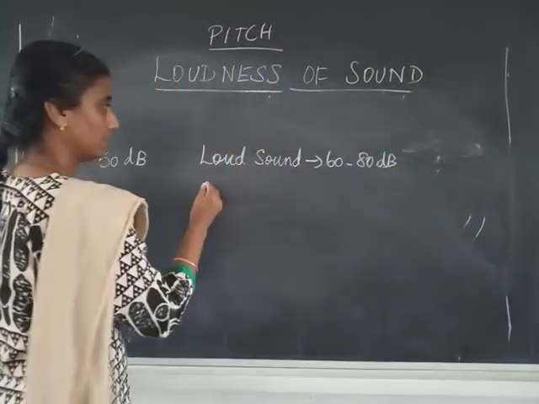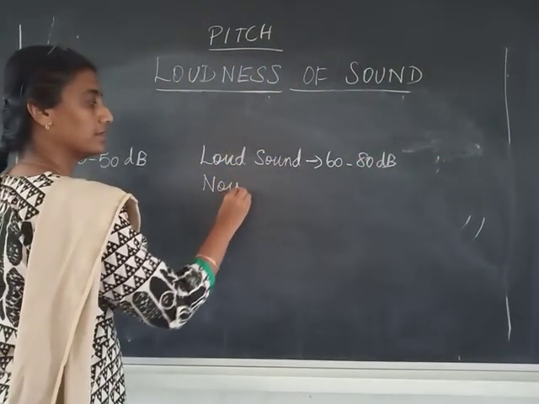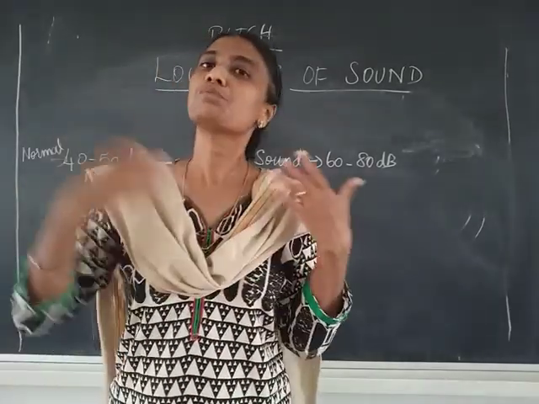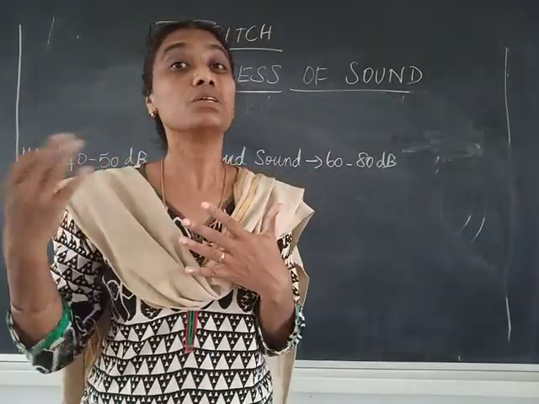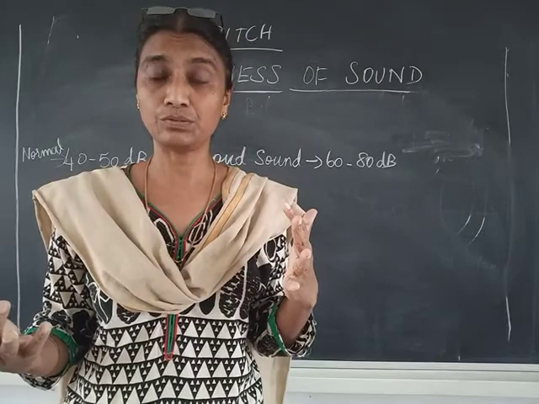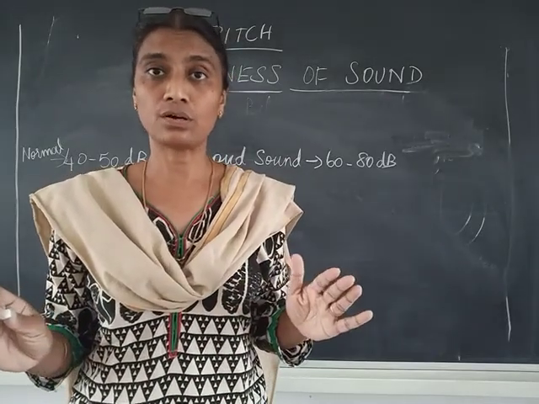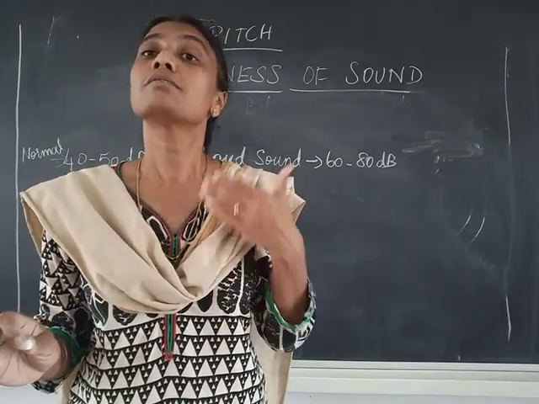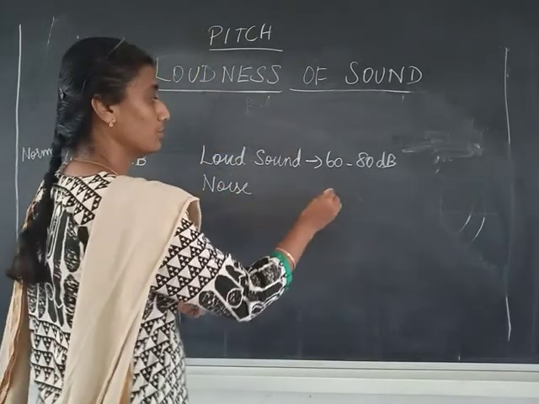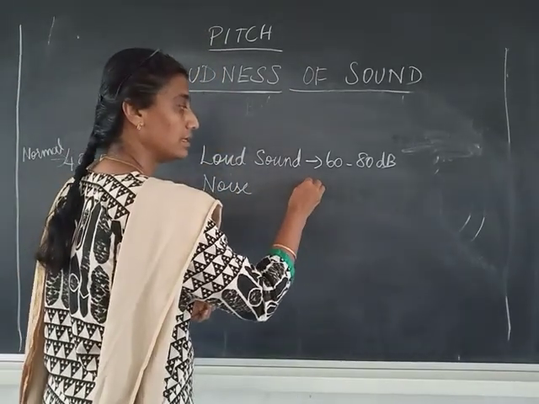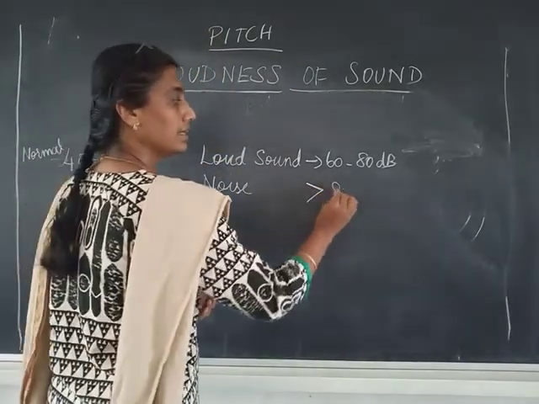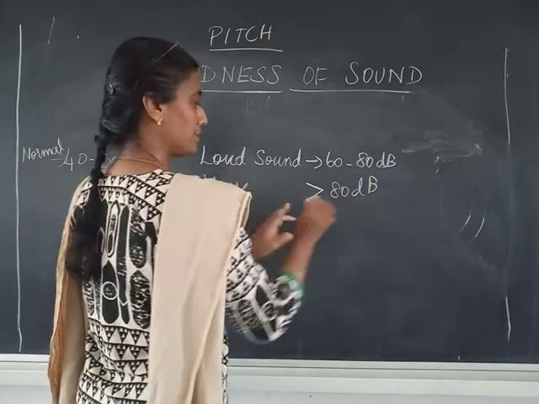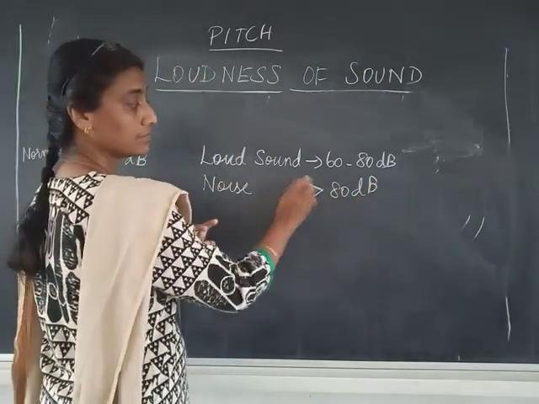And then noise: when the loudness becomes too much, it becomes noise. It's not very pleasant to hear and we don't want to hear it for a longer time, and we call it noise pollution. When the sound loudness becomes greater than 80 dB, you understand this greater than symbol?